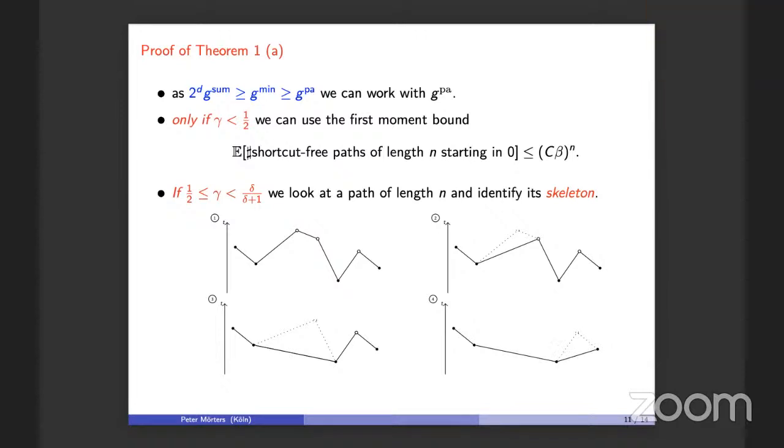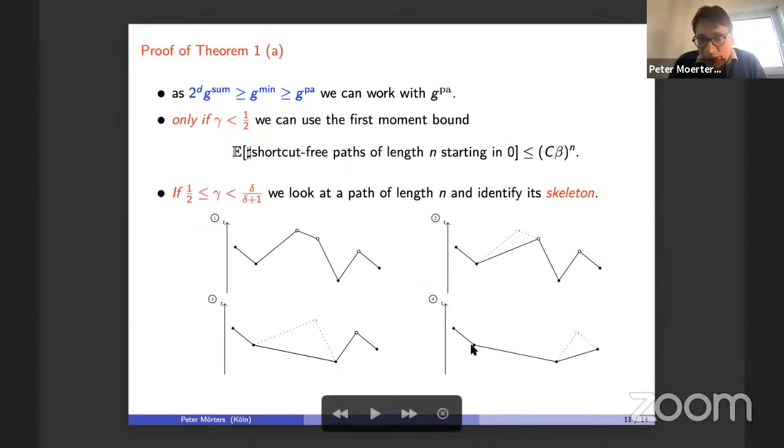The skeleton tells us how the path goes to the vertices of high degree or of low mark. What we need, when we have the skeleton, is a bound on the number of paths that could connect two consecutive points in the skeleton.